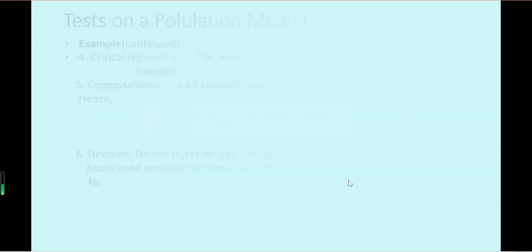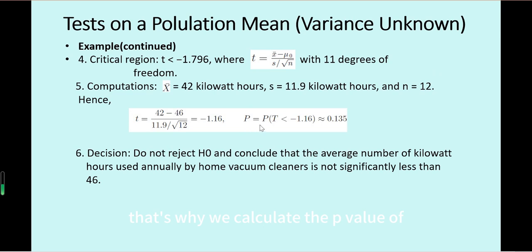That's why we calculate the p-value of the probability of a t-distribution less than minus 1.16 and 11 degrees of freedom. So we get that this p-value is 0.135. So p-value is larger than 0.05 also.